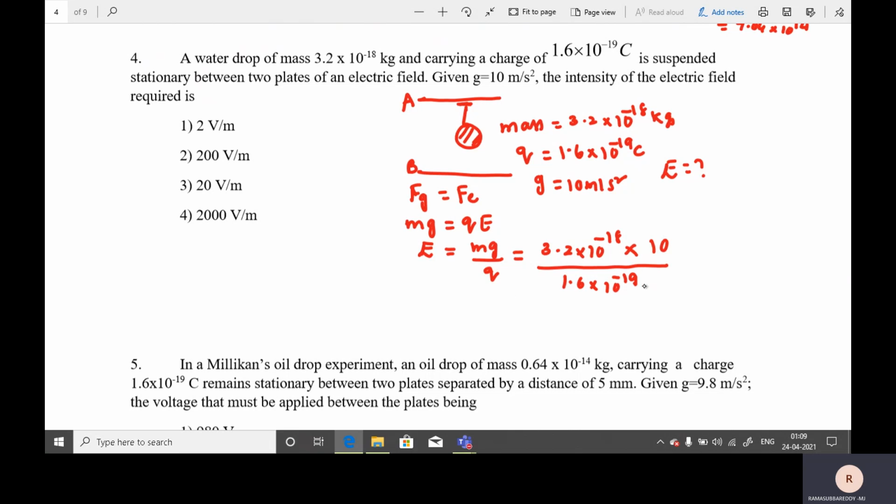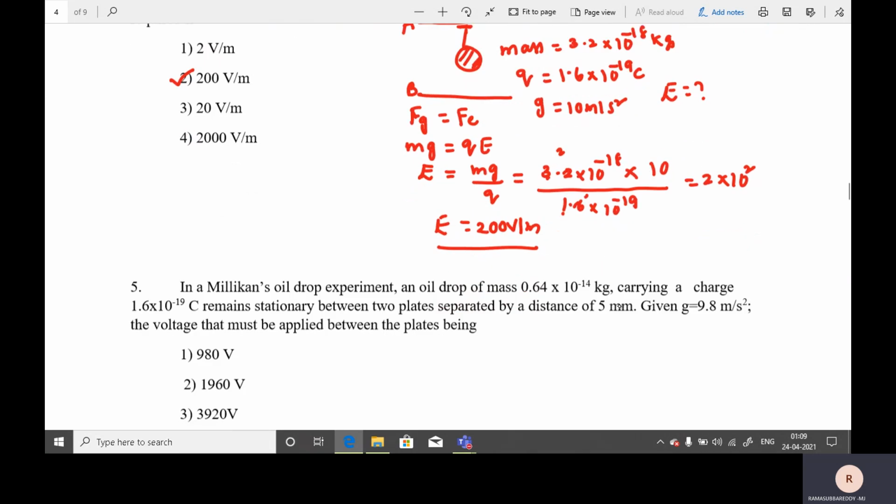Okay, then this power will go up, it will become 100, and 3.2 by 1.6 is 2. So 2 into 10 squared. Then our electric field E is equal to 200 volt per meter. Hence our option 2 is correct one.